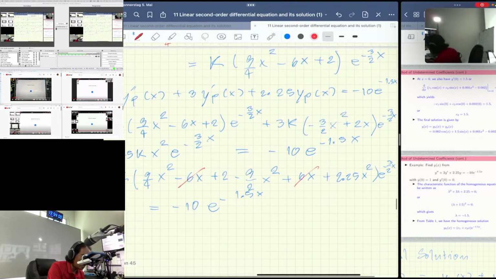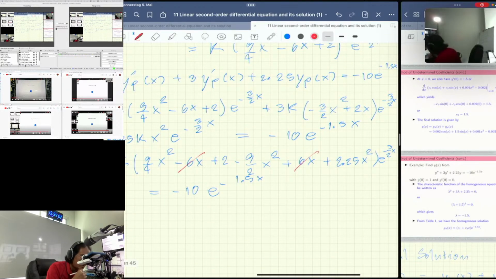So here they will cancel each other, and you would get only 2k on the left hand side, right? 2k and exponential negative 3/2 x equal to negative 10 exponential negative 1.5 x.